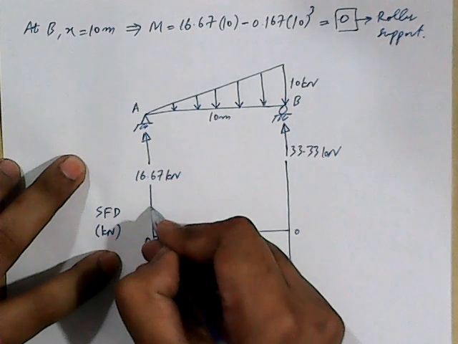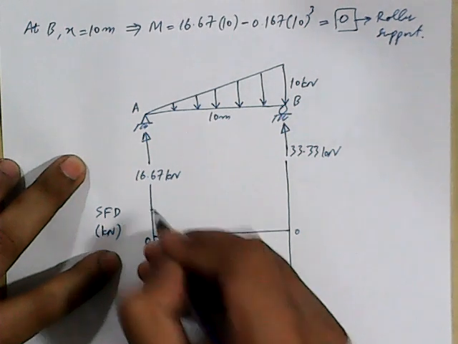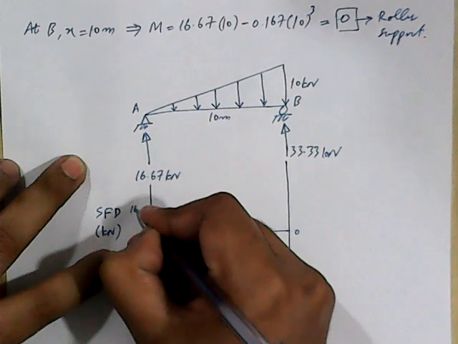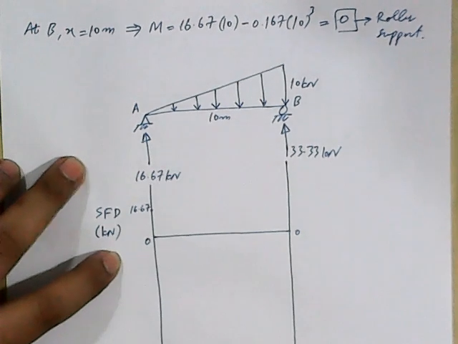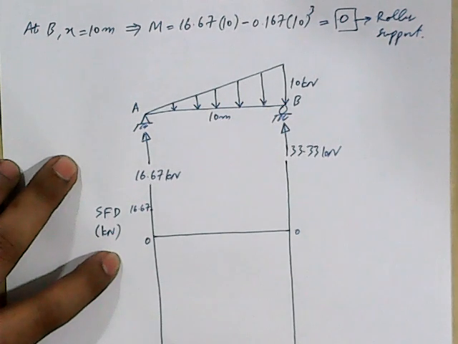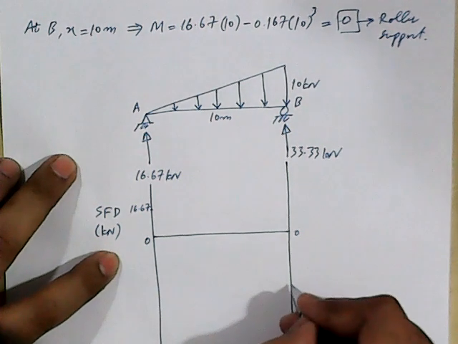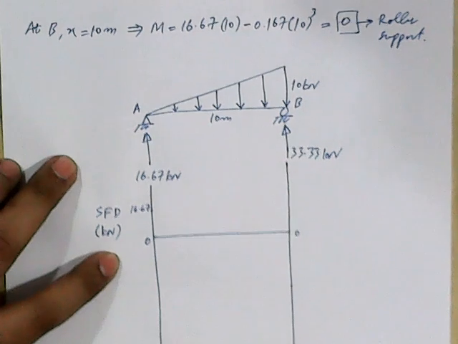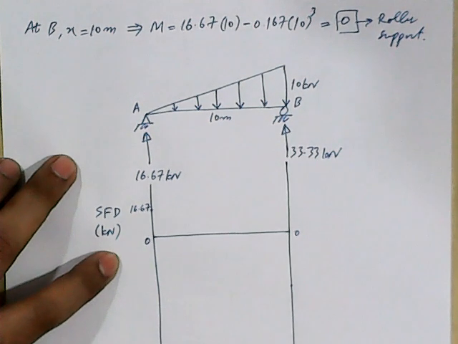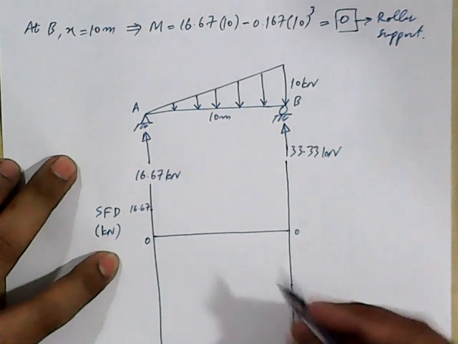It is 16.67. And how much is the value of shear force at point B? It is 33.33. And as I mentioned earlier, all these diagrams are drawn on rough scale, not on exact scale.